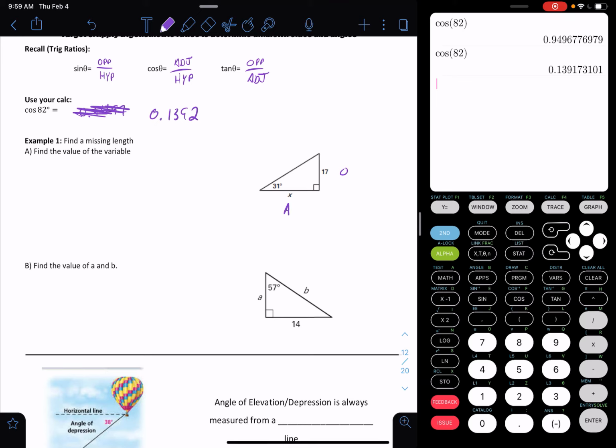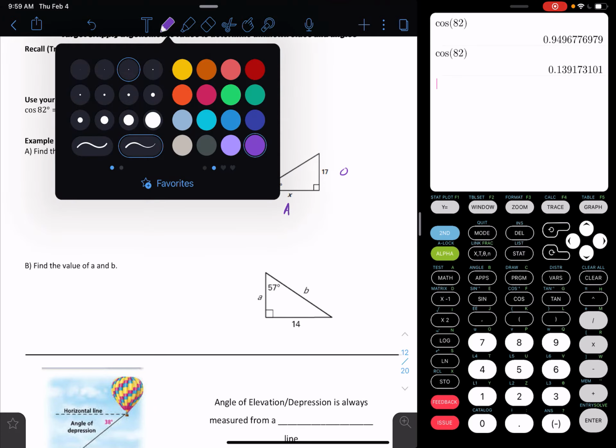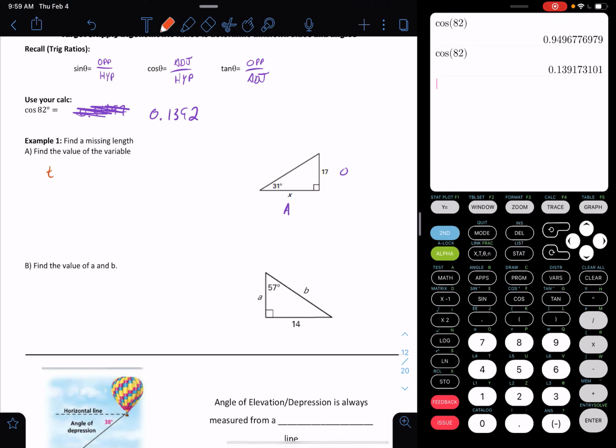So then I go back to my trig ratios and I say, okay, which one dealt with opposite and adjacent? Well, tangent did. So tangent, and then what do I plug in to sine, cosine, or tangent? I plug in an angle. So tangent of 31 equals opposite 17 over adjacent, which is x.